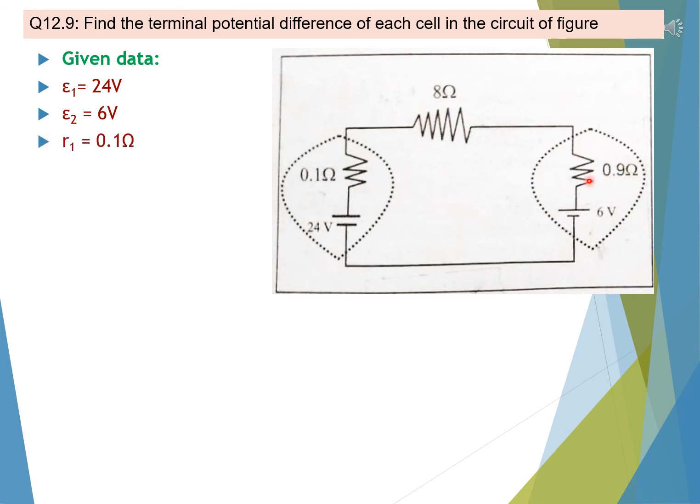And in this circuit diagram, load resistance capital R is equal to 8 ohm. We have to calculate the terminal potential difference of cell 1, that is VT1, and the terminal potential difference of cell 2, that is VT2.